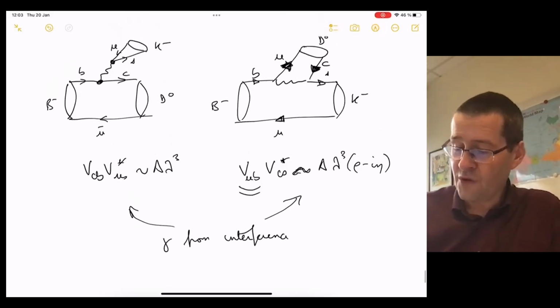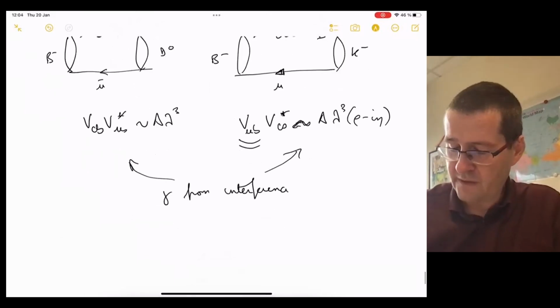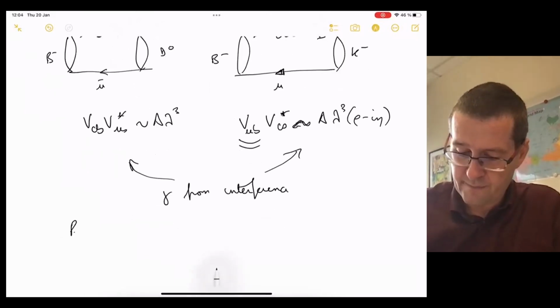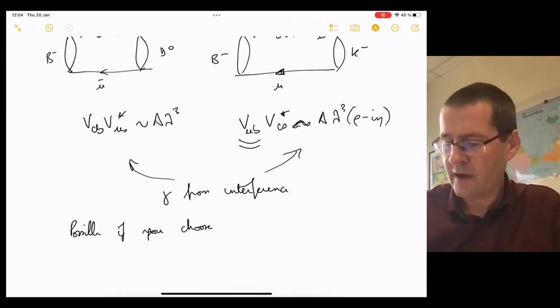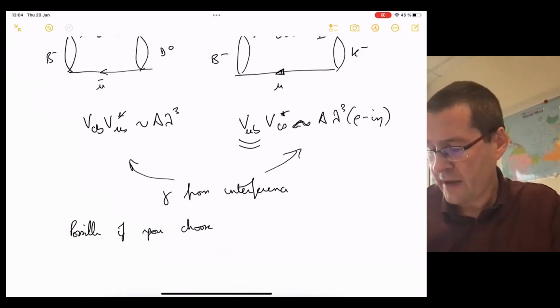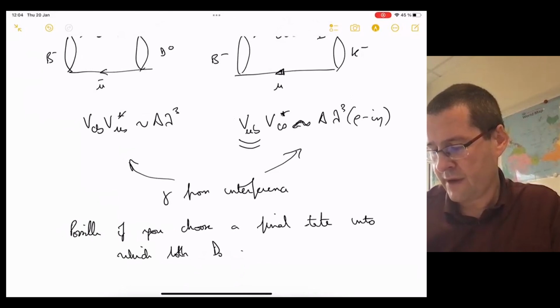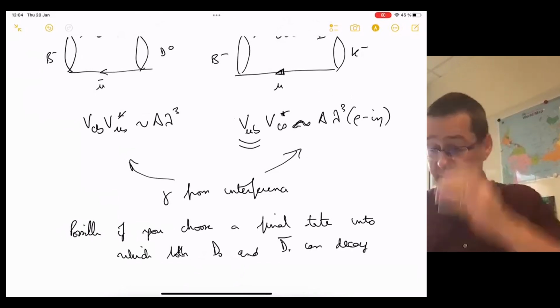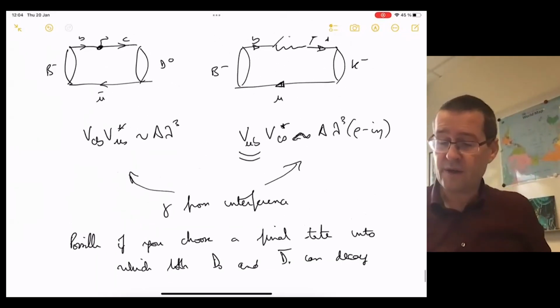And that's possible if you choose a final state into which both D0 and D0 bar can decay. I'm not going to spend time on that, but it's possible.